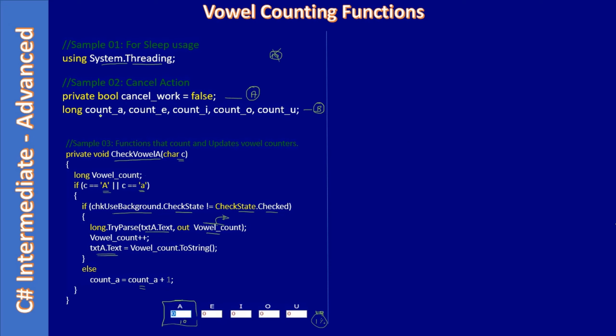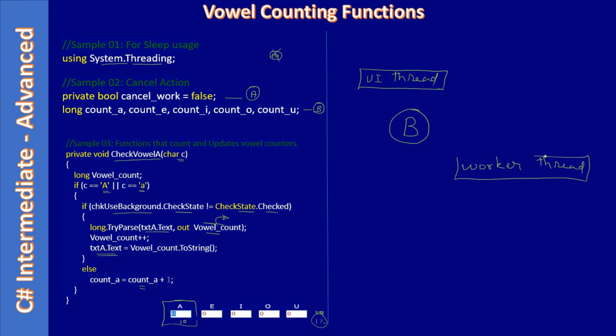So here we are talking about this variable, right? The variable, if you see, is accessed by both threads, the UI thread and the worker thread. The worker thread will perform the write operation.